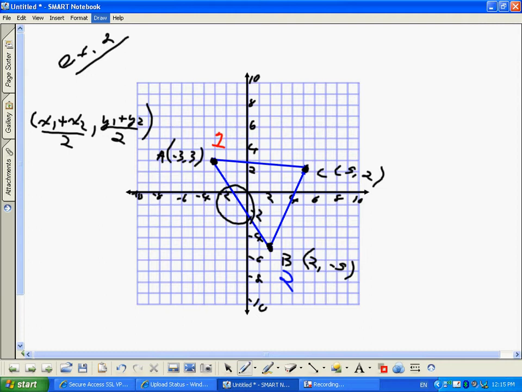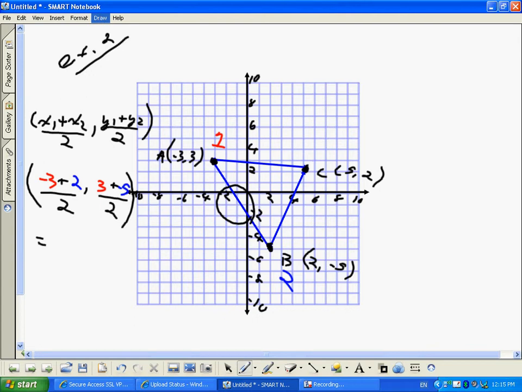What that means is x1 is -3, y1 is 3, for all the rest of this equation so it makes sense. Our point 2 is going to be 2, -5.